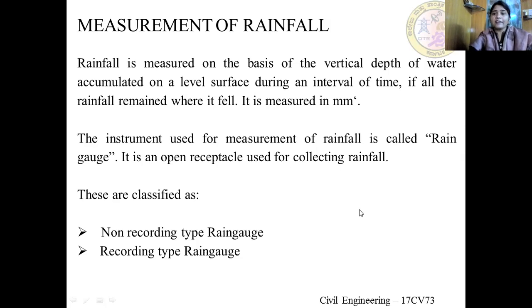Rain gauges are mainly classified into two types: non-recording type rain gauge and recording type rain gauge. The name itself suggests that the non-recording type doesn't record but only collects, and the recording type collects as well as records it.